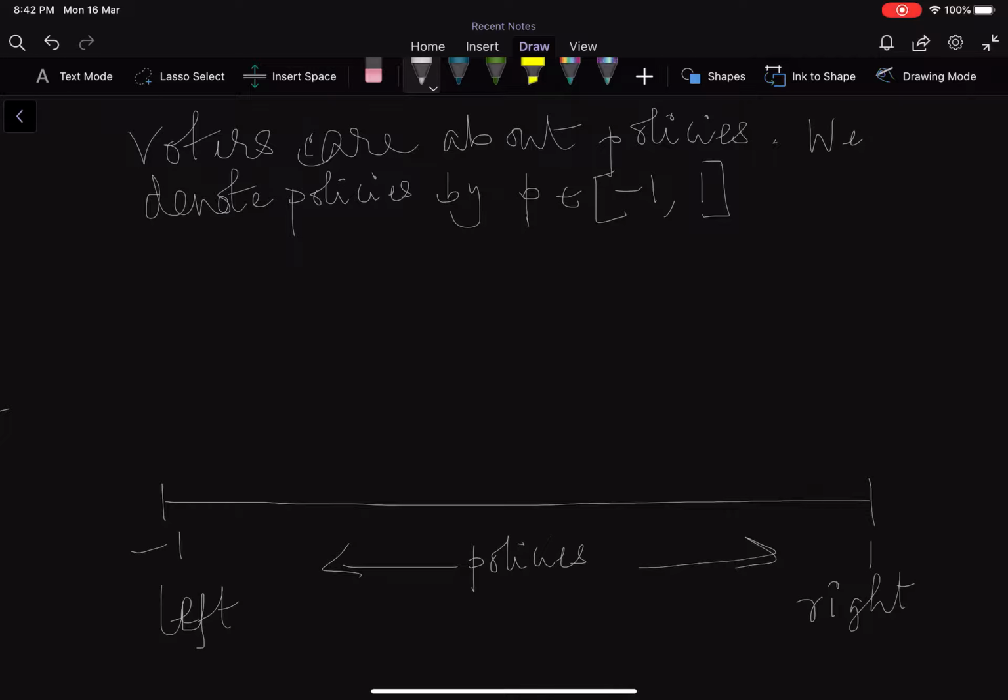So -1 is the leftmost ideology possible in terms of the characteristics of a policy. +1 is the most right-wing policy possible in the whole policy spectrum. Okay, and 0 is somewhere in the middle, so it's a centrist policy, let's say. So it's a right-wing ideology, and it's a left-wing ideology.